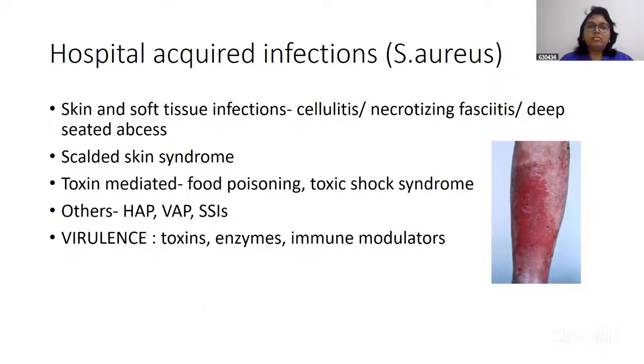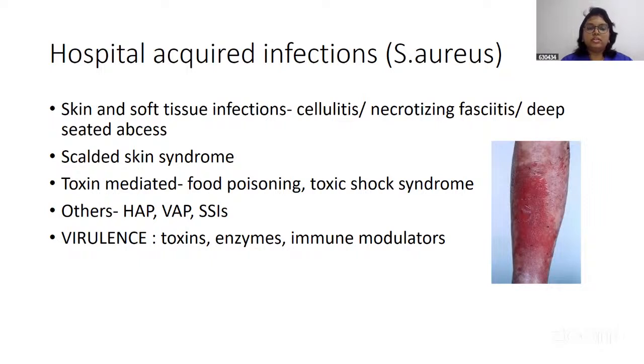Now, what are the common infections that we come across with Staph aureus? Again, as we discussed, it is mainly skin and soft tissue infections, from superficial cellulitis to deep-seated abscess. It can cause something called scalded skin syndrome, which can be deadly sometimes, and usually it is toxin mediated.